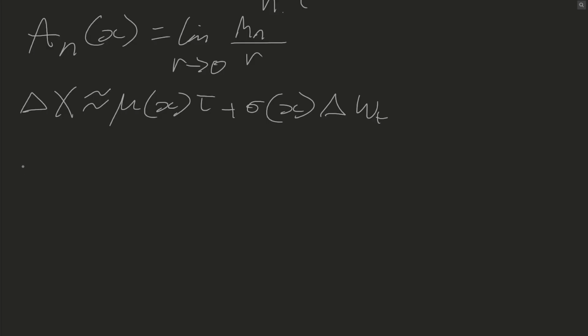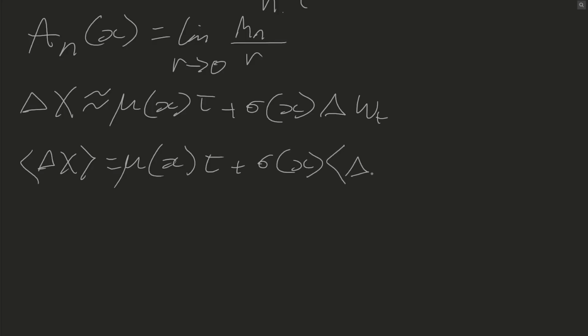And now we can pop that in brackets. It is equal to mu of x tau plus sigma of x change in W of t, which is just equal to mu of x tau, because this is 0.